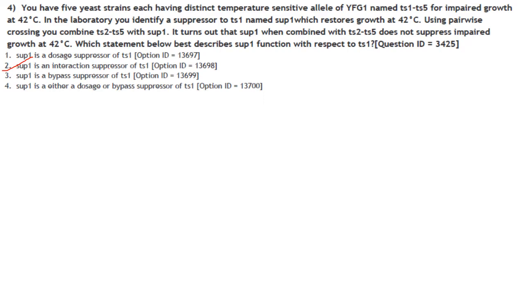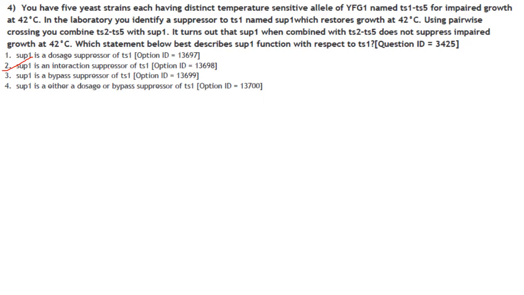Using pairwise crossing, you combine TS2 to TS5 with SUP1. It turns out that SUP1 combined with TS2 to TS5 does not suppress impaired growth at 42 degrees Celsius. Which statement below best describes SUP1 function with respect to TS1?